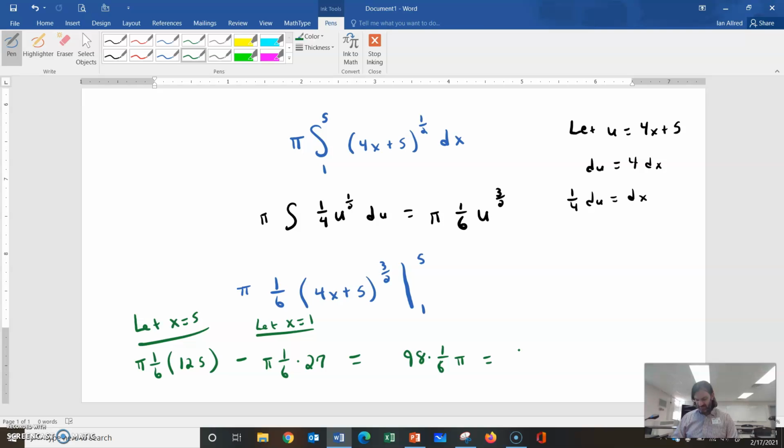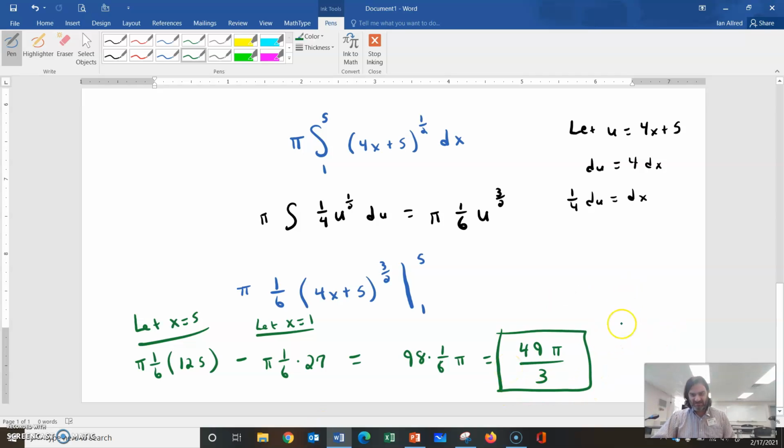We know they're both divisible by 2, so that would be 49 pi over 3 if this works out to our advantage. Alright, so that is a surface area. That is surface area. So that's in square units if you want to make that leap. Alright, one good example though.